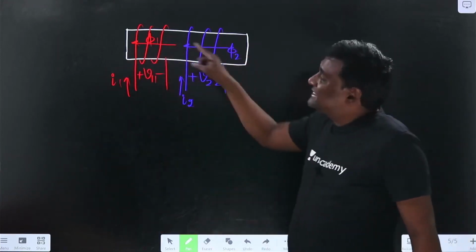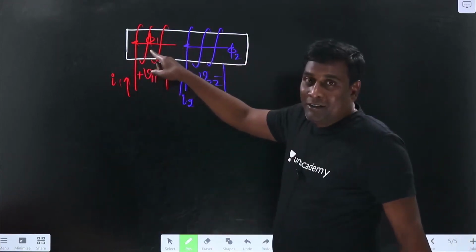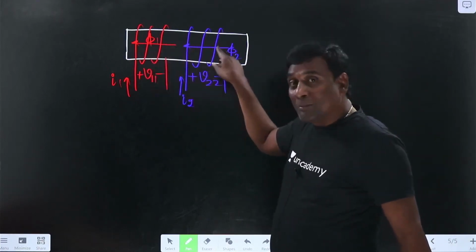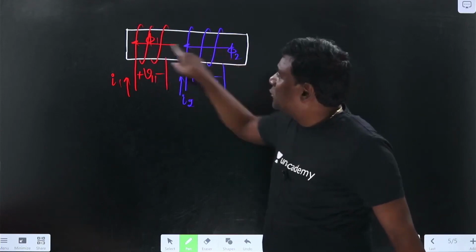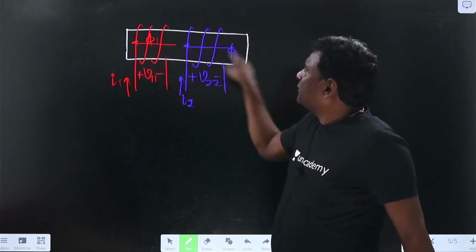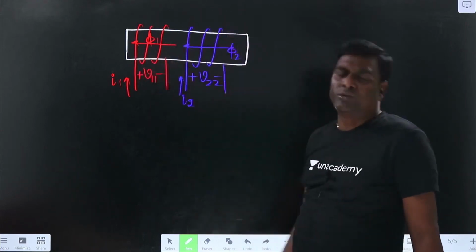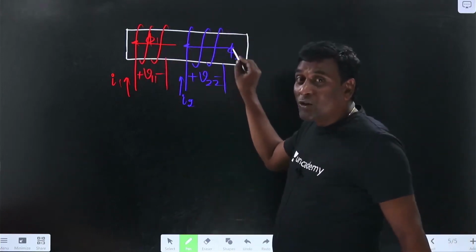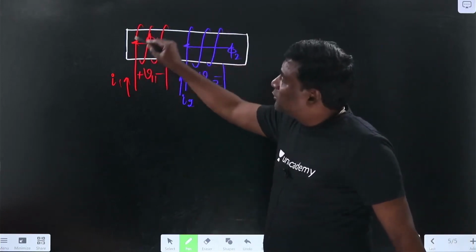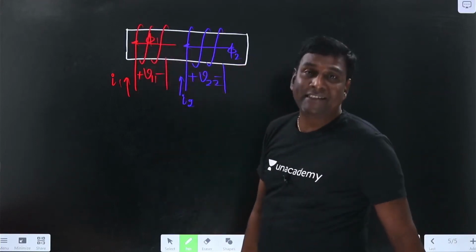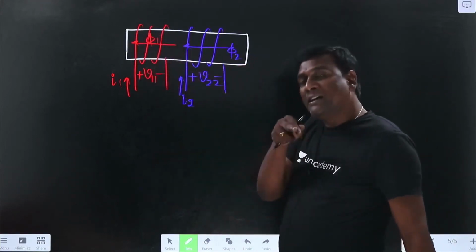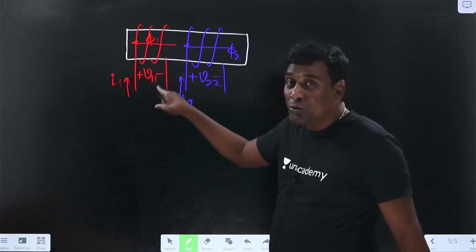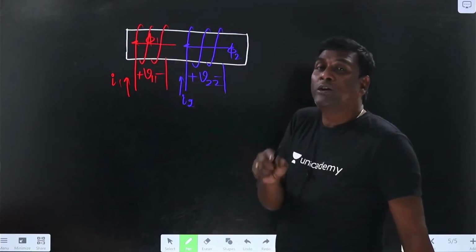So because of phi 1 some voltage is induced here, and because of phi 2 some component, because some portion of phi 2 will travel through this and some portion of phi 2 will go through its own leakage. Now because of existence of phi 2, net magnitude of flux is increased or not? Yes. When net magnitude of flux is increased, because of flux variation only you are going to get induced voltage. That induced voltage should be increased or not?